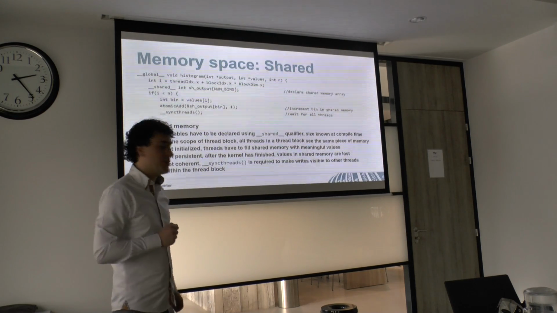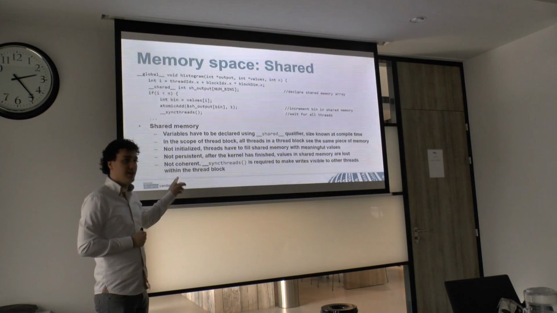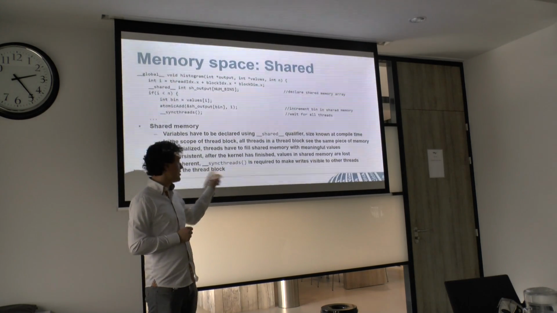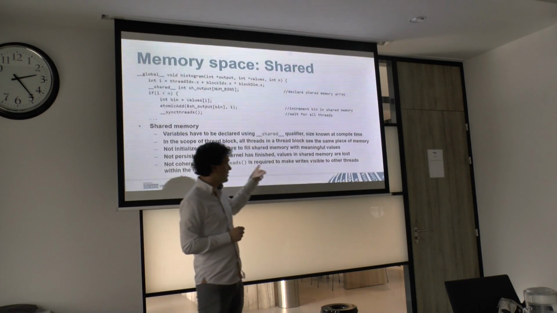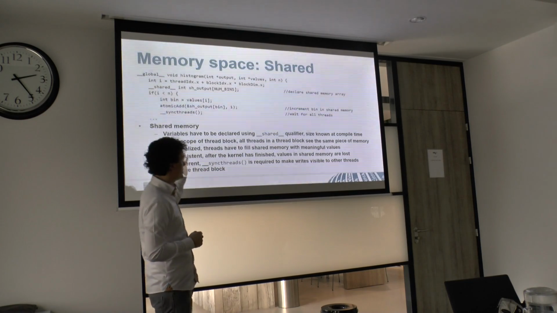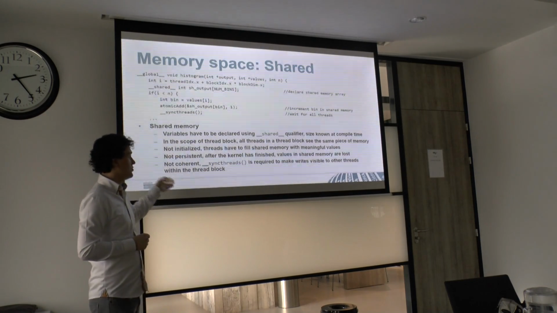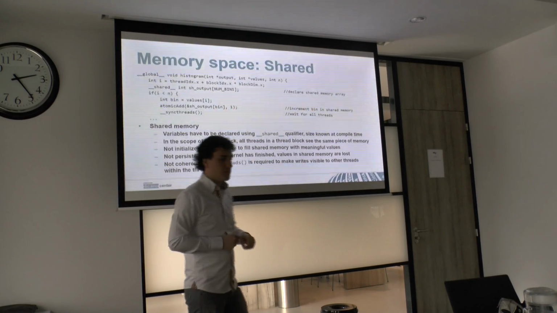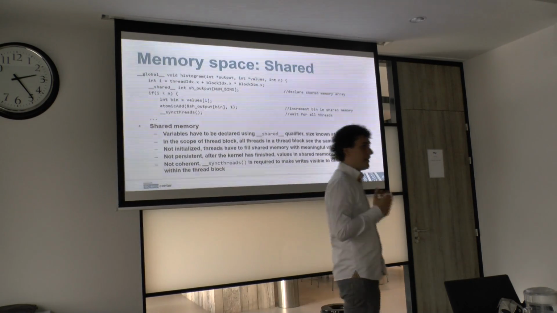I'm saying at some point, because the memory is again not coherent. But there's one thing that's called sync threads, and that's what we can do to make sure that the writes that happen before sync threads will actually become visible to the other threads within the thread block. So sync threads is what we call in parallel programming a barrier.